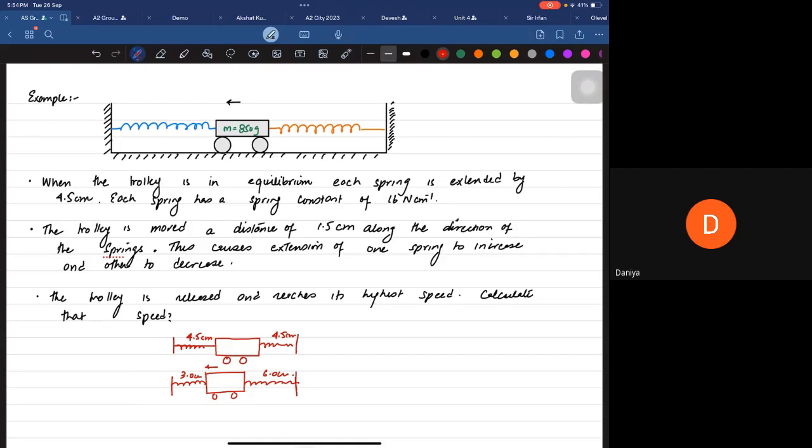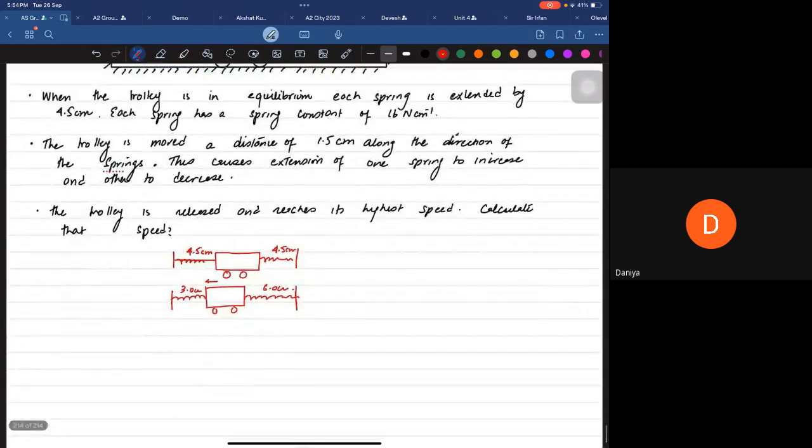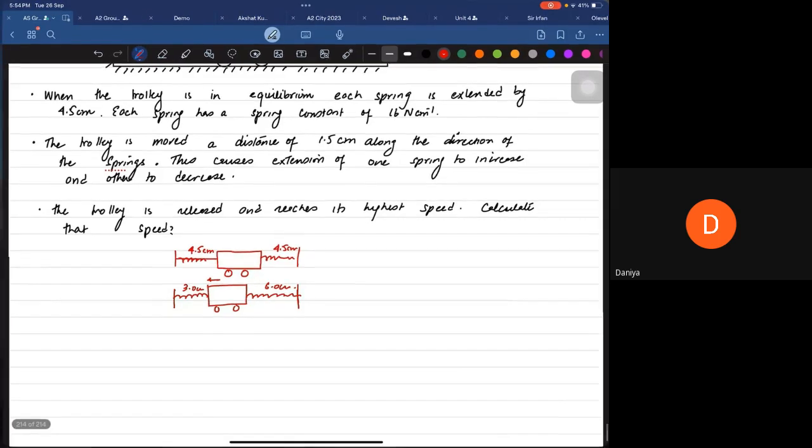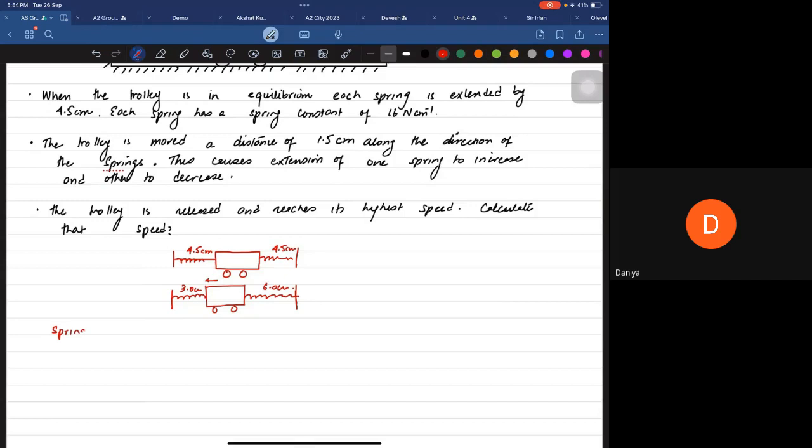All right, now think about this. One by one, we're going to see what is the change in energy in both springs. So let's talk about spring 1 first.